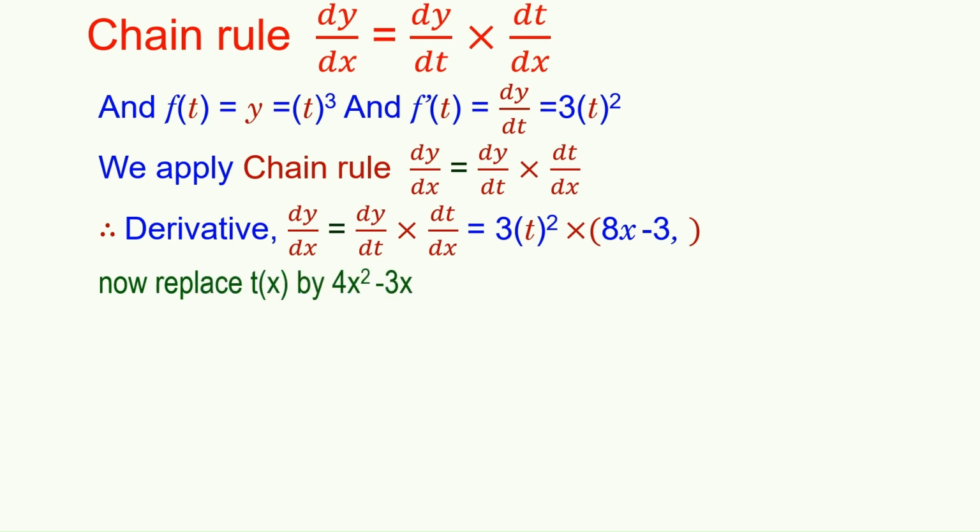Now replace t(x) by 4x squared minus 3x to verify the result calculated earlier.